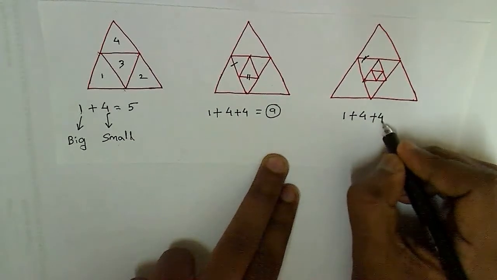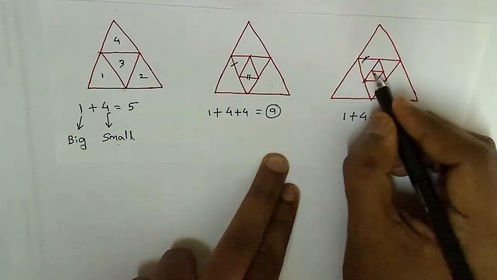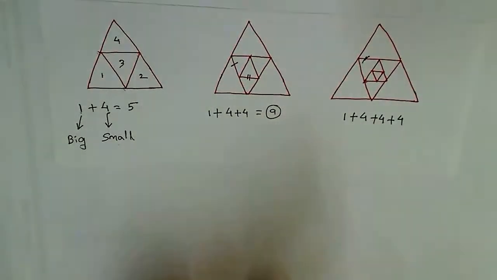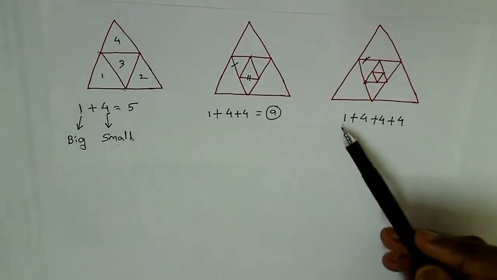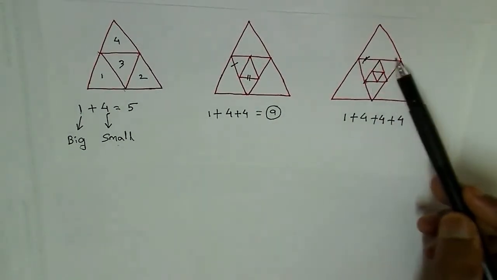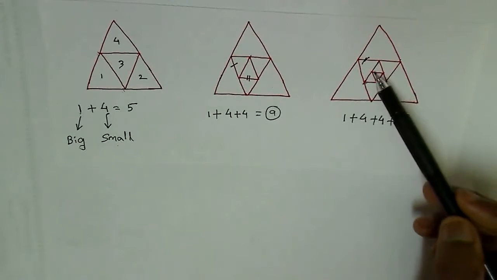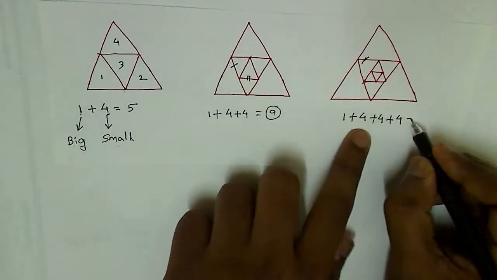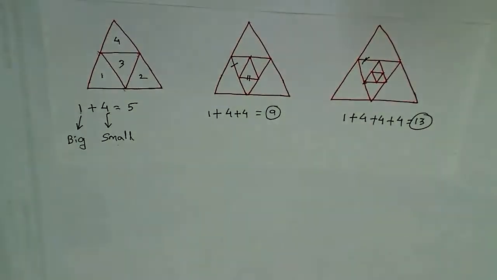So we are adding one more 4, plus inside this triangle you can see one more small triangle is there. So again once more we are adding 4. So for the big triangle we have 1. And how many small triangles are there? 1, 2, 3. So 3 times we have added 4. So total answer will be 13.